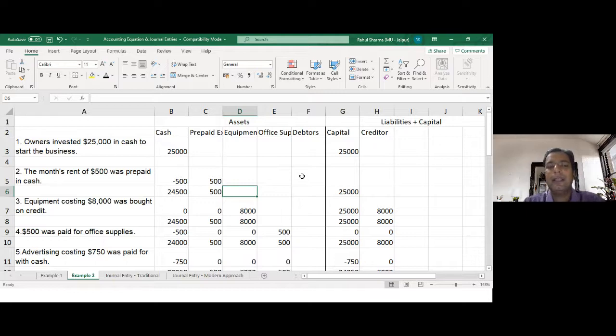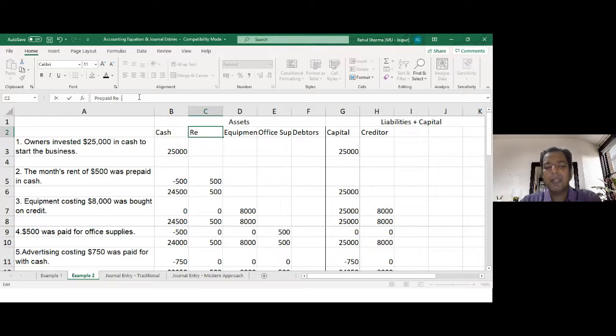And when we go for the prepaid, when we paid rent as a prepaid, we had prepaid expenses as an asset, or we can write it as prepaid rent as well. That's not a problem, it depends how you want to classify it. So I can write prepaid rent, and I have 500 moving out from my cash. This is how the transactions impact.